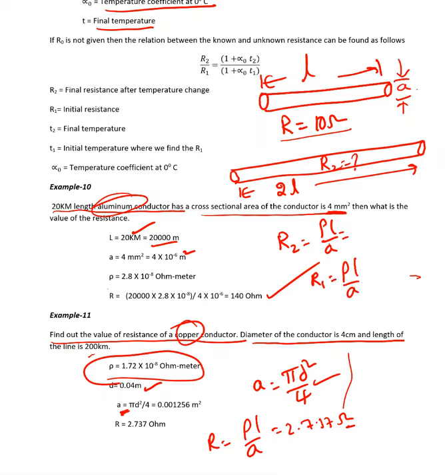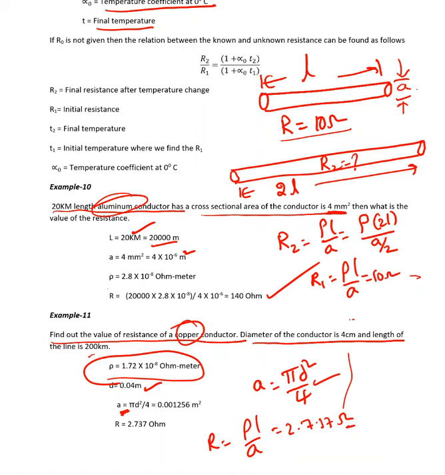So I'm going to write down the relationship between R1 and R2. This is 10 ohm. Here rho did not change, but length is increased to 2L. How about cross-sectional area? When I stretched it, the cross-sectional area is going to go to half.